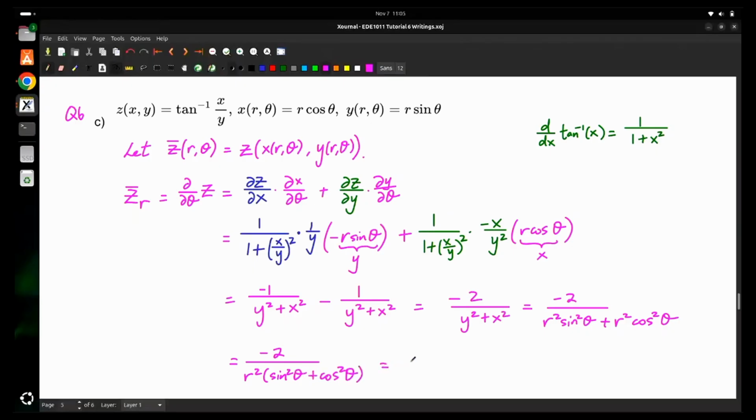So this one is minus 2 over r square. I mean you can always just come from here, because y square plus x square is always r square. So if you want, you can take the shortcut. Like this thing is r square, then you can come from here to here also.